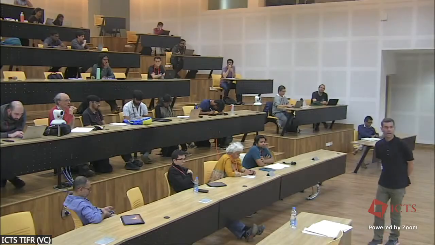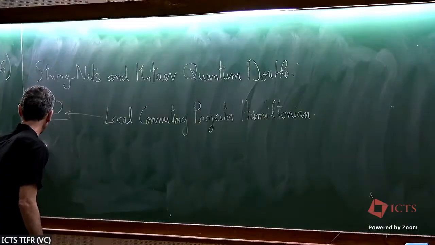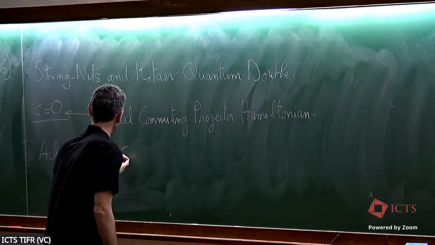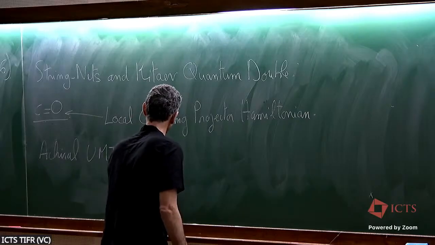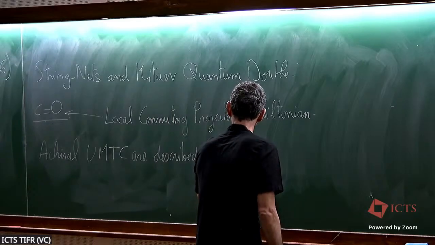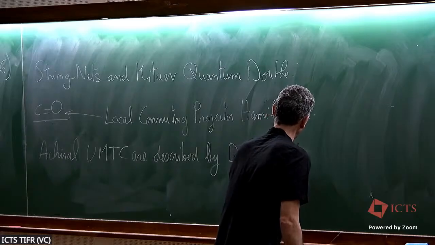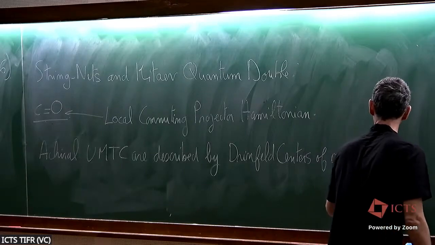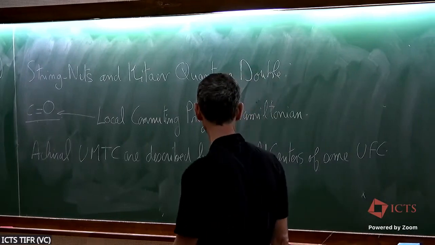And one important thing also to keep in mind is that all these A-Carroll phases, so A-Carroll UMTCs, they are actually described by what we call Drinfeld centers of some category, some UFC, or let's say, even some FC, maybe not UFC.